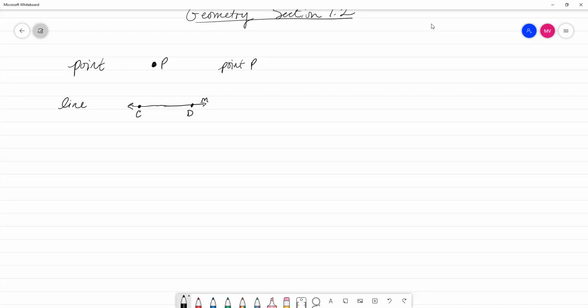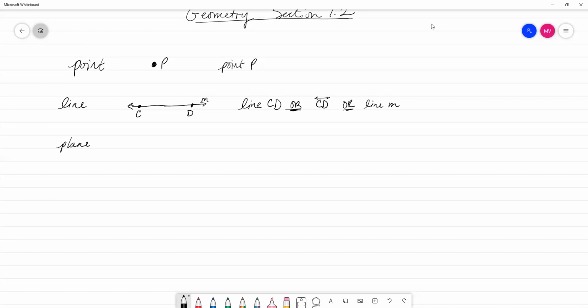And when we represent a line, you're always going to either write line CD, or, this is important, make sure when you put the CD together that you put that sort of line symbol above it, so you know you're representing a line. And then, of course, in this case, if you didn't have any points on it, you could also call it line M.